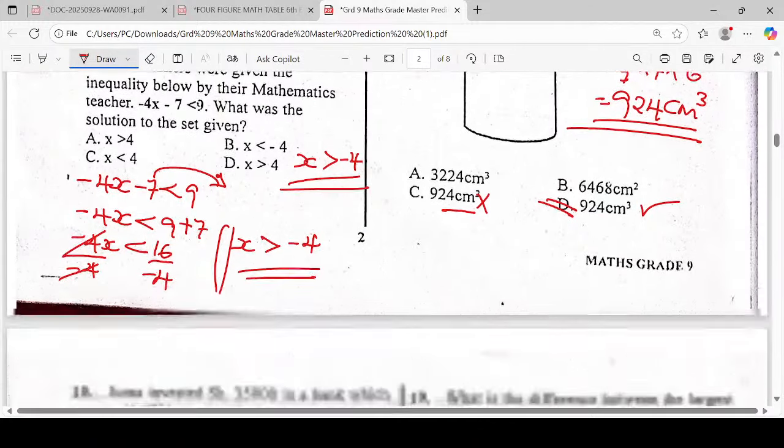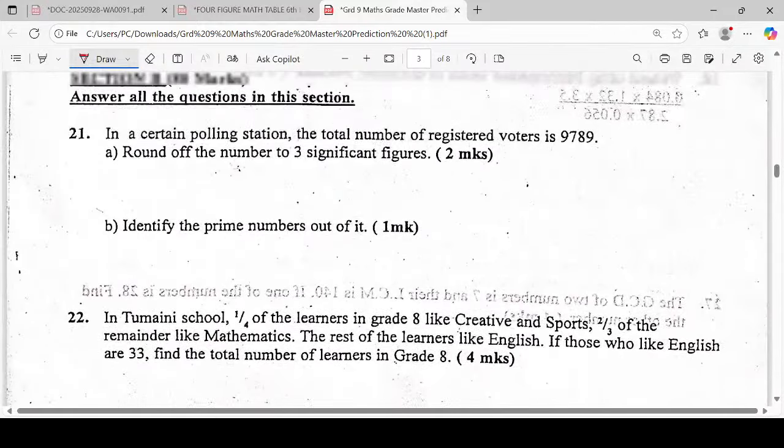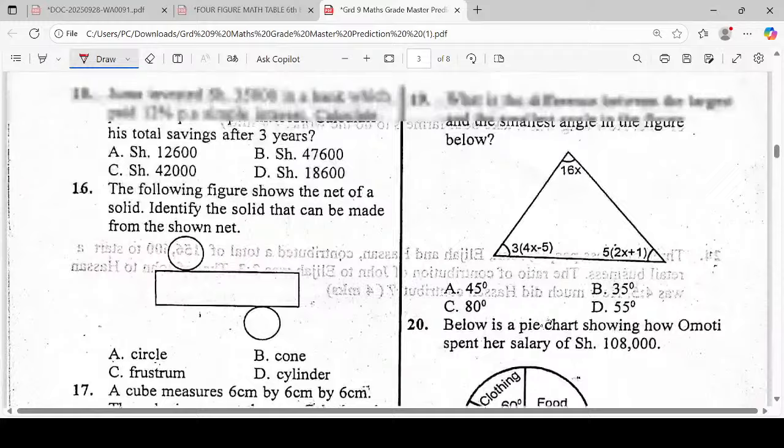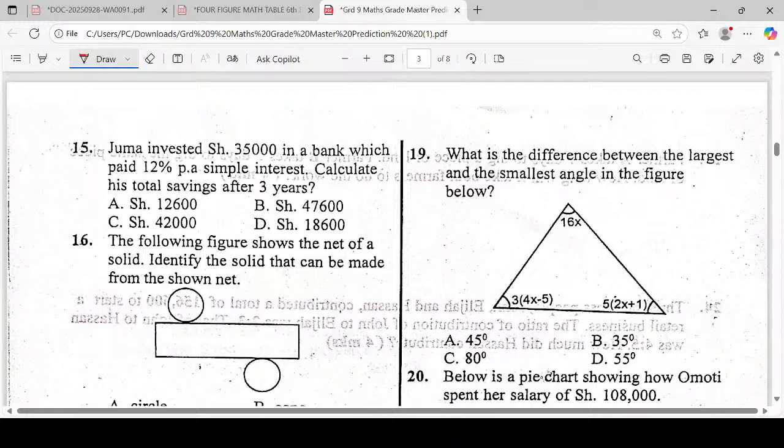Let us look at question number 15 of our discussion now. Question number 15. The question is, Juma invested 35,000 in a bank which paid 12% per annum simple interest. Calculate his total savings after the 3 years.